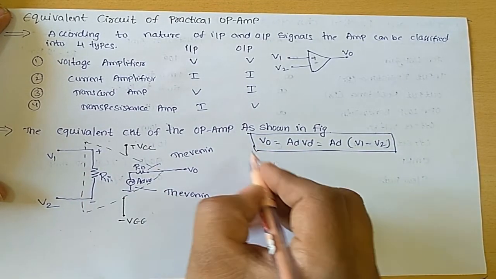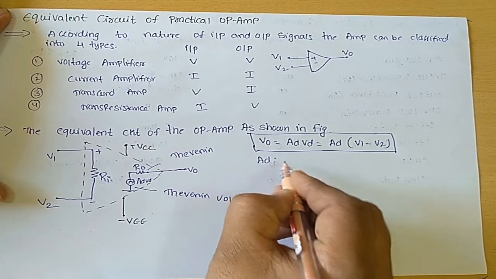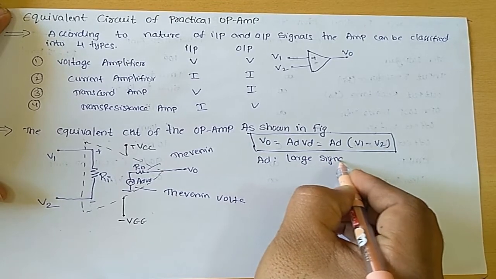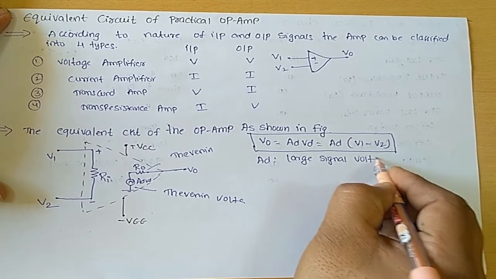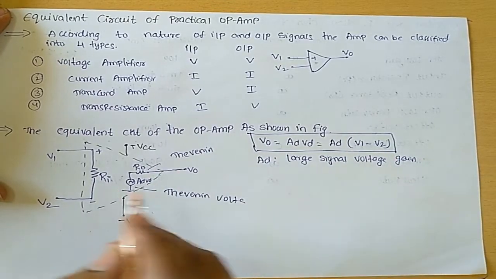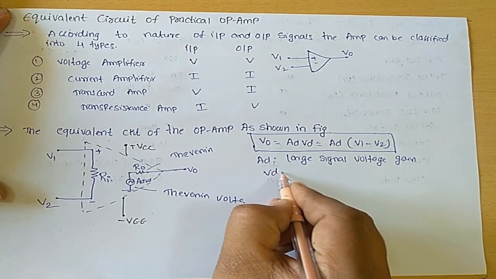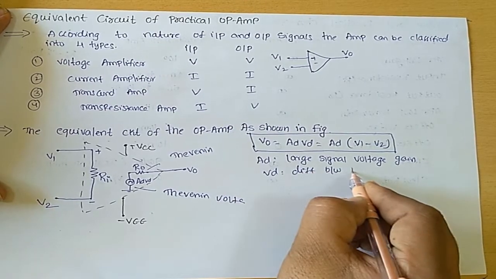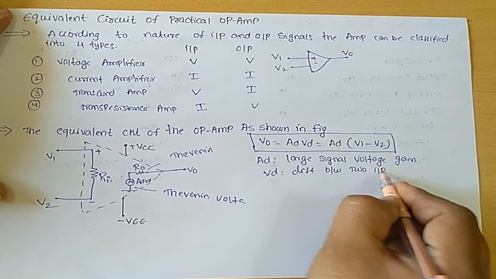Here AD is the large signal voltage gain, or differential mode gain, and VD is the difference between the two input signals.